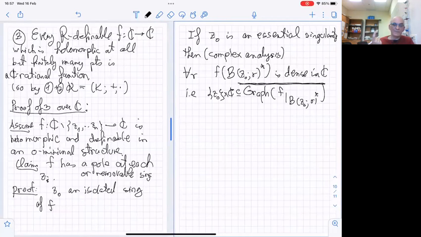But now let's look at dimension. What is the dimension of the graph of a function defined over an open set? Well, it's in bijection with the open set. So let's call this gamma. The dimension of gamma as a set definable in an O-minimal structure is the same as the dimension of the domain. They are in definable bijection.